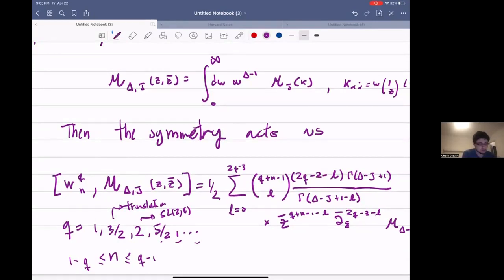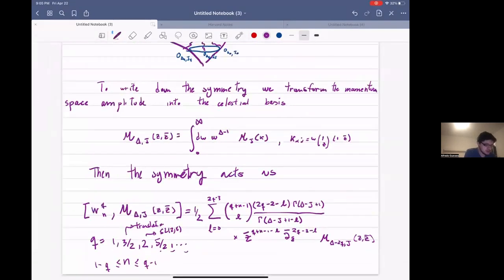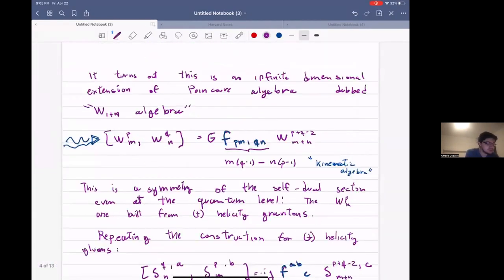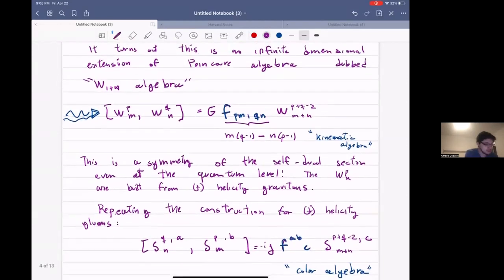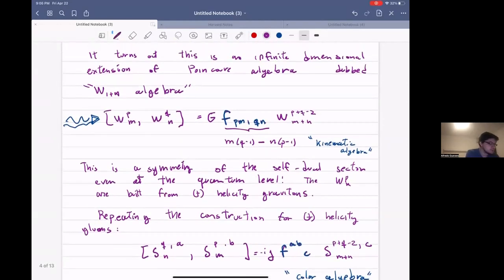It might be a little abstract to you because you have to take all these derivatives and so on. But the important point is that even though this algebra seems quite complicated, it can be reformulated in Twistor space. I'll mention that in a second. Let me give you very quickly the structure constants of this algebra.